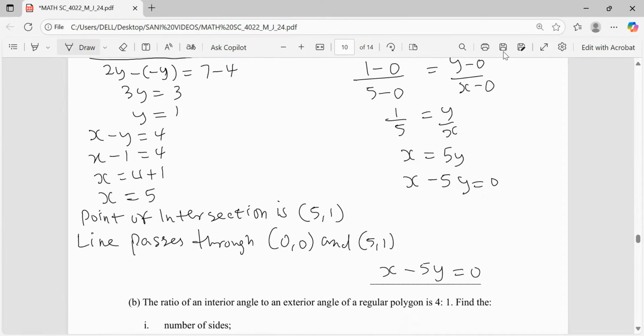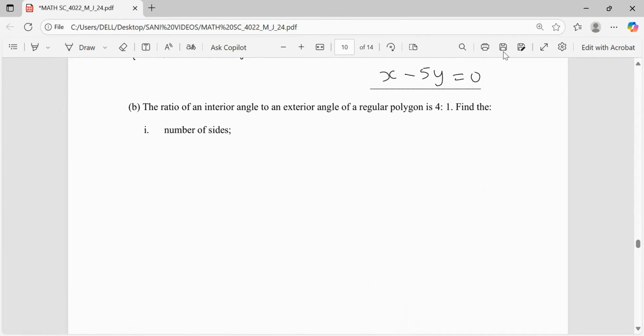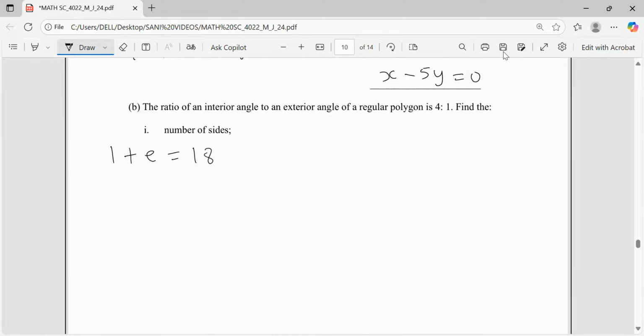Part B says the ratio of an interior angle to an exterior angle of a regular polygon is 4:1. Find the number of sides. Now, interior angle plus exterior angle of a polygon is equal to 180 degrees. The question says their ratio is 4:1, which means I over E equals 4 over 1.